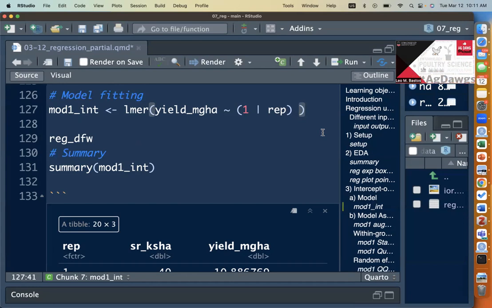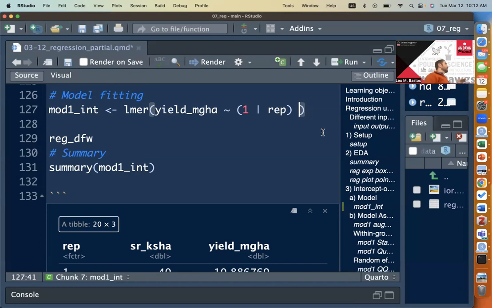So here's something different that we have not seen yet. What I want to run here is a model that only has an intercept. In our syntax, if that is all I want, I don't have to specify any fixed effects here because that already is calculated for us. So if you remember on our ANOVA tables, there was always an intercept line, even though we were not asking for it.